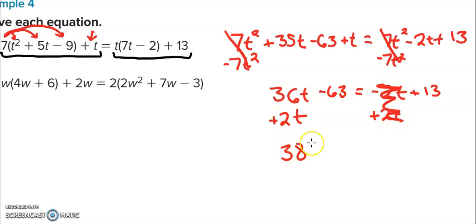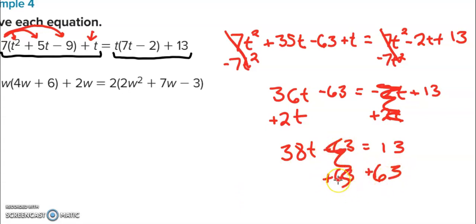Now I have 38t minus 63 equals 13. Let's add 63 to both sides so that those cancel. We're moving our variable terms to the left. We're moving our number terms to the right.